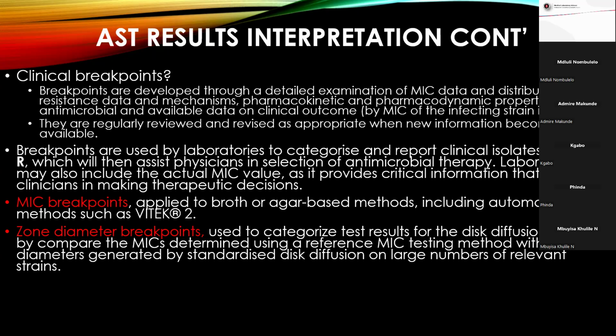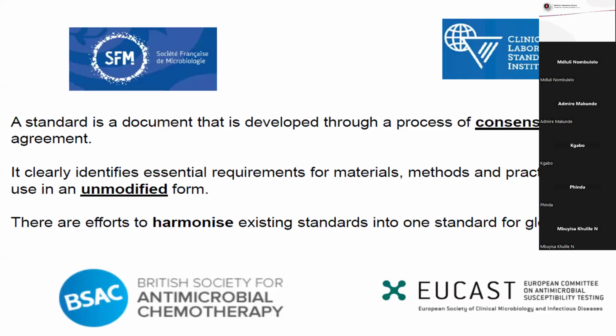You need clinical breaking points, which are provided by the guidelines which you are following. So there are several guidelines, as I've earlier indicated, depending on the lab specifications. Usually, the outcome is the same, but how you interpret the results and how you do the tests might differ.